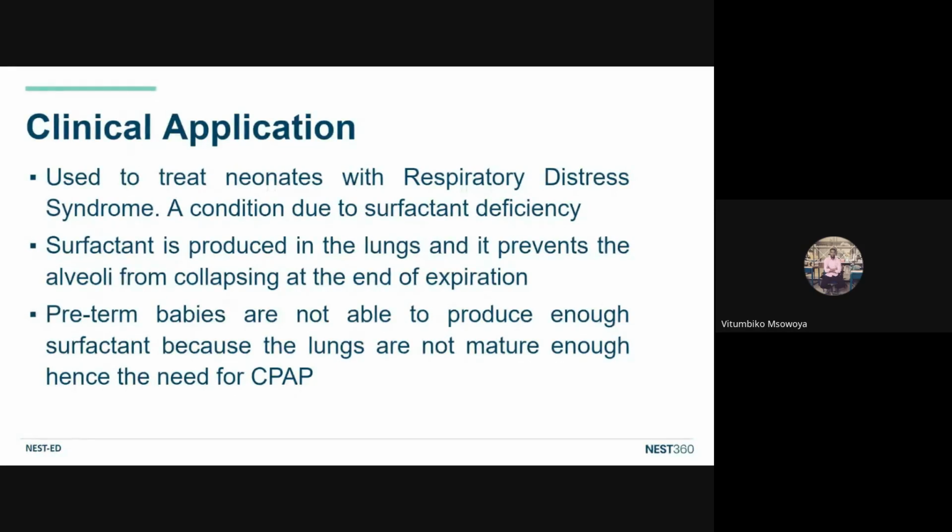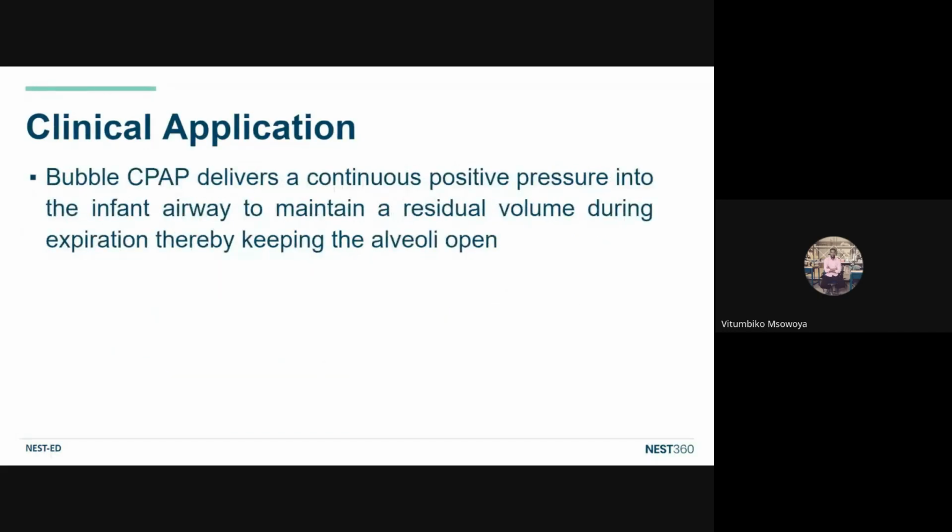So it results in a deficiency in surfactant, which leads to collapsing of the lung alveoli at the end of each expiratory stage. So a bubble CPAP delivers a continuous positive pressure. Here the keyword is positive pressure into the infant airway to maintain the residual volume during expiration.